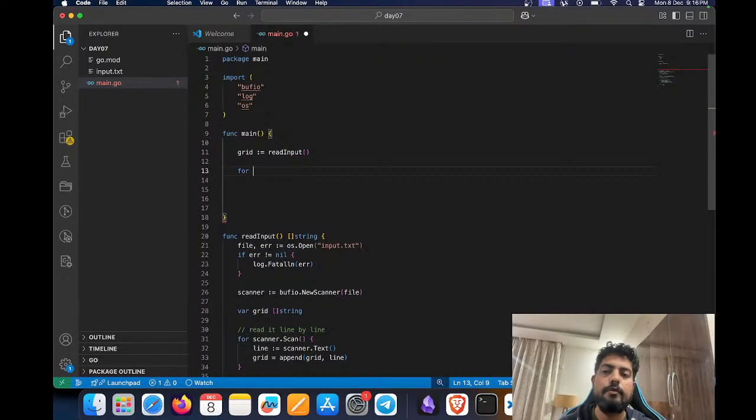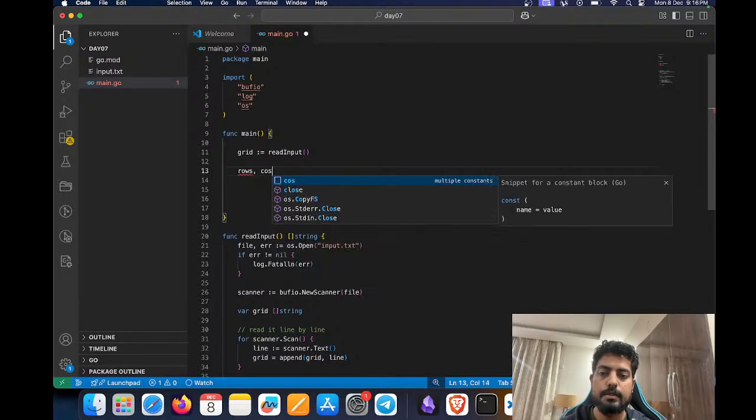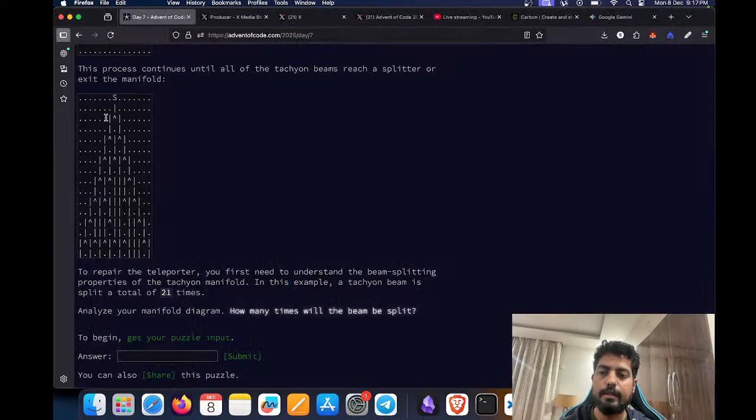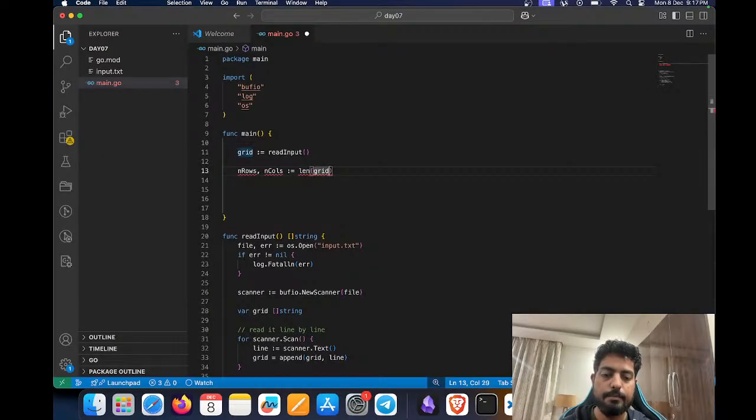So this input is simple and we have this grid. Now, what we need to do is I can also have the number of rows and the number of columns. n rows and n columns, which is equal to length of the grid. So we have this many rows, which is length of the grid, and for each one of them we have the number of columns.